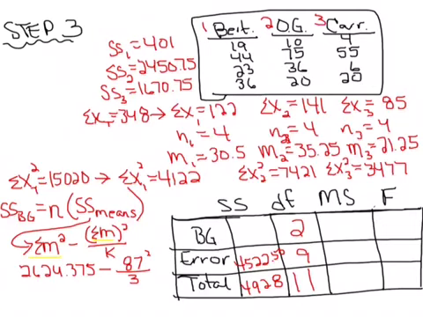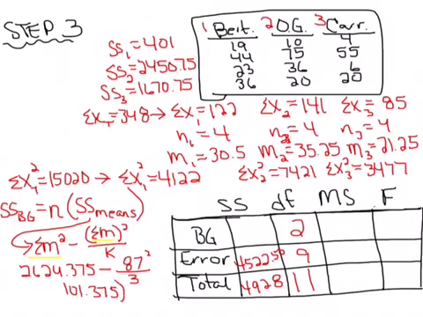So once you calculate that sums of square means out, 2624.375 minus 87 squared divided by 3, you should get 101.375.